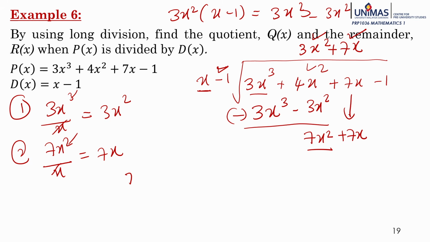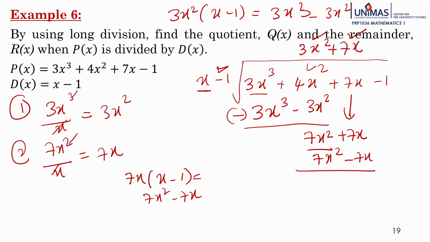So 7x times x minus 1, the answer here is 7x squared minus 7x. So we put down here 7x squared minus 7x. And then we subtract. So this one we get 0. So 7x minus negative 7x, we get 14x, right? And then put down negative 1.